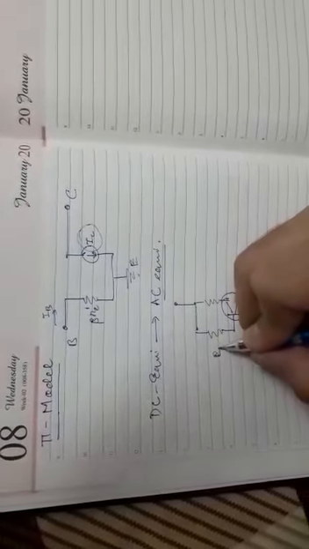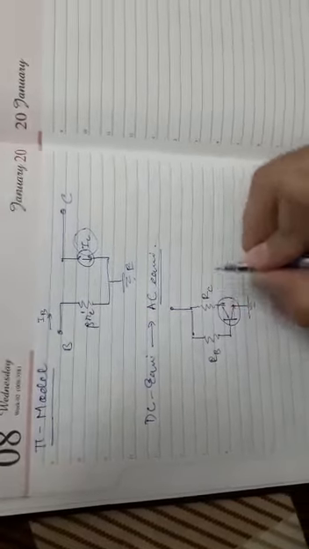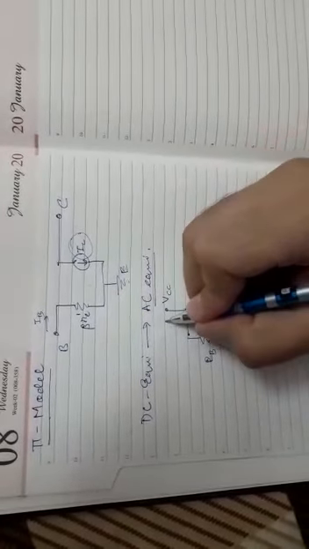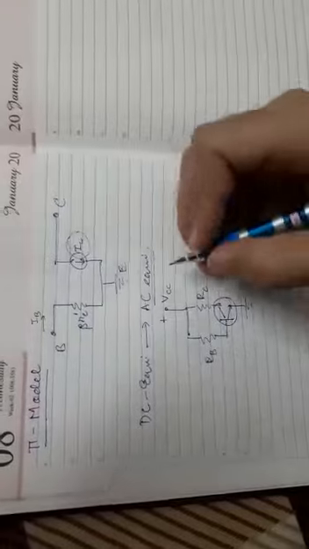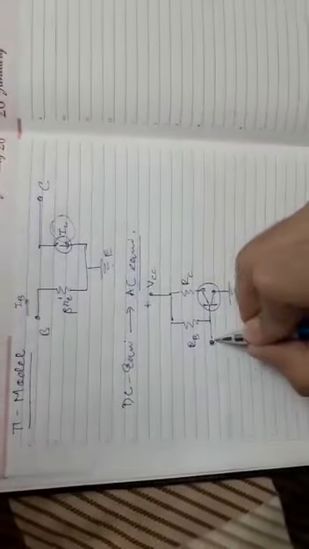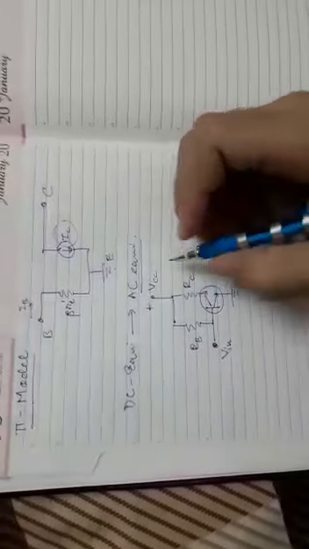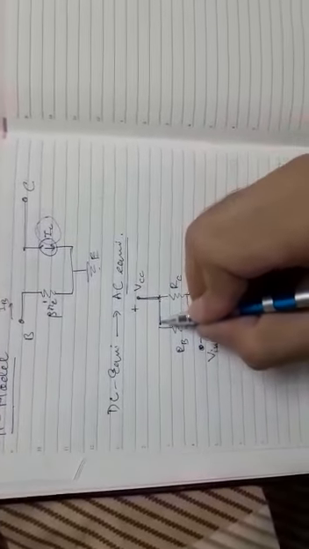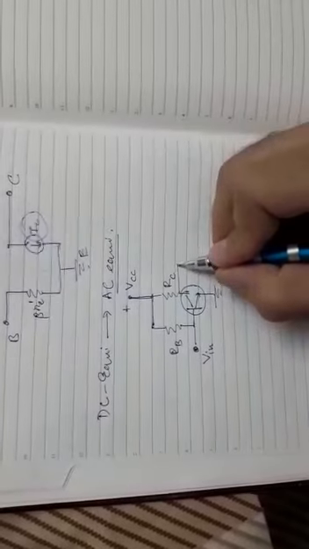Here is a fixed bias circuit. Here we have the base resistance, collector resistance, and voltage supply VCC. We give the input supply V in and take the output over here.